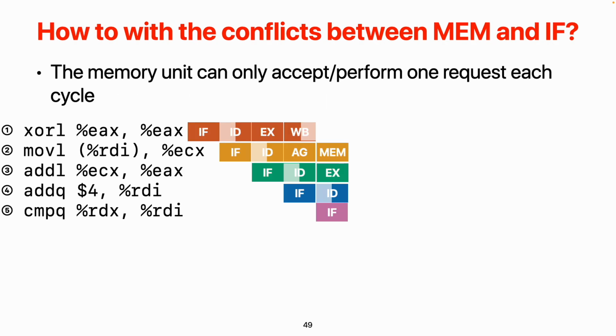Okay, so the second thing that we can talk about is that we do have the issue of both data access and instruction memory access. They all want to access this L1 cache, right? So how do we address that issue?